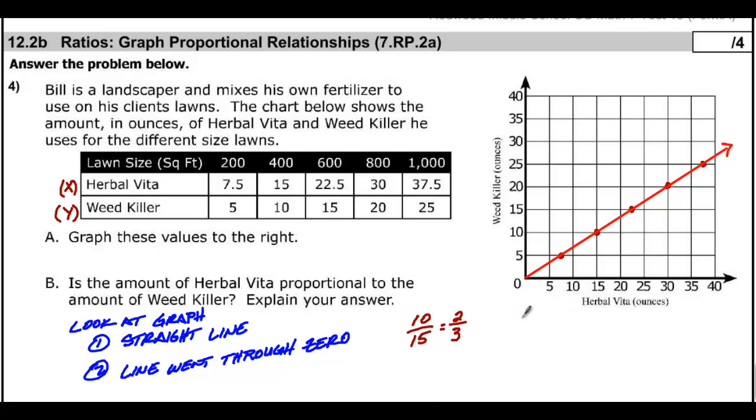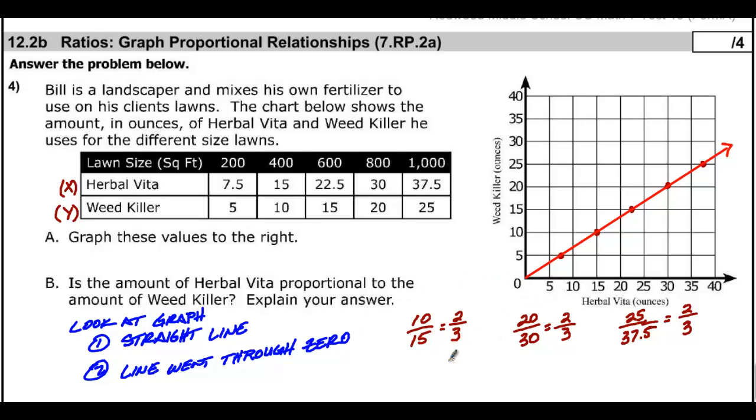If you take 20 and divide it by 30, it also simplifies to 2 over 3. And in fact, let's take the largest one, 25 divided by 37.5. Well, 12.5 goes into 25 2 times, and 12.5 goes into 37.5 3 times.